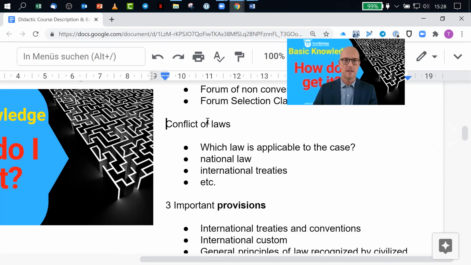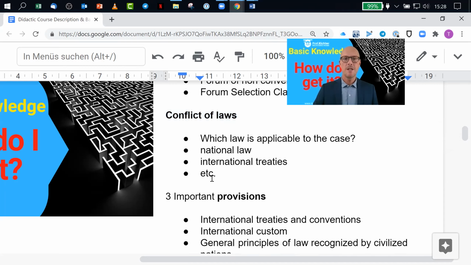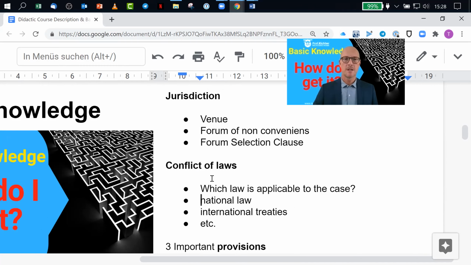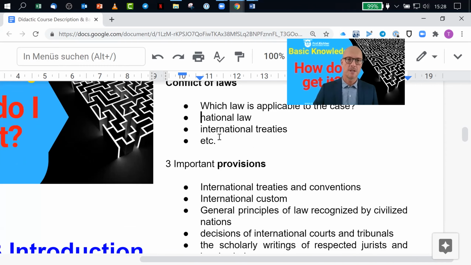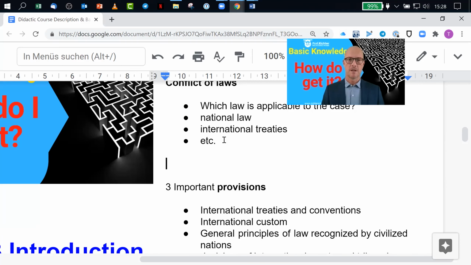Just go back here. Yes, these are the conflicts of law. So we need, of course, some more terms here. And you know, we are in the part here. So these are the terms for the solution of the case.